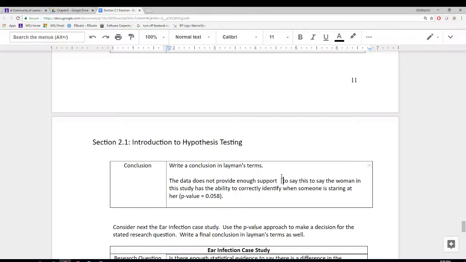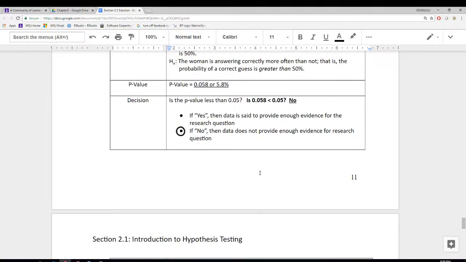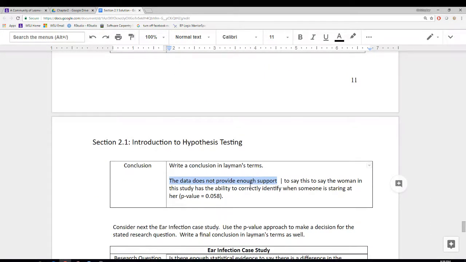That's the first piece. This is simply the decision that we arrived at up above. The first part of the conclusion simply identifies whether or not the p-value was less than that 0.05 threshold. So this first part is the decision.